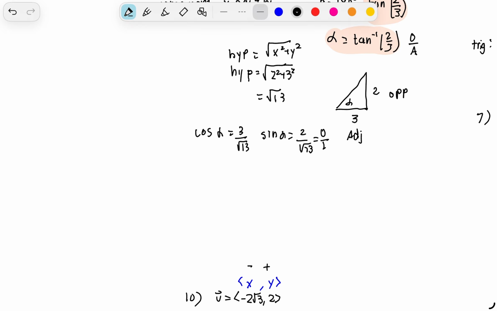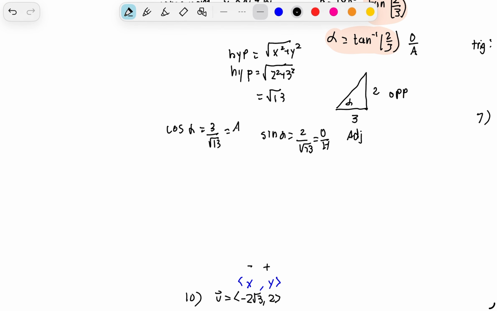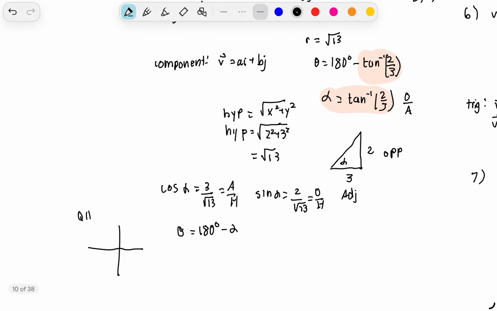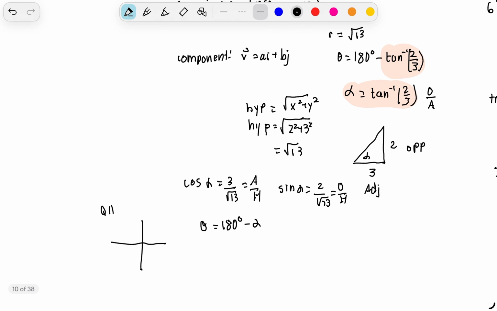Sine is opposite over hypotenuse, and cosine is adjacent over the hypotenuse. Now, to find our actual angle, that's going to be 180 degrees minus alpha. That's because we are going to be in quadrant 2.